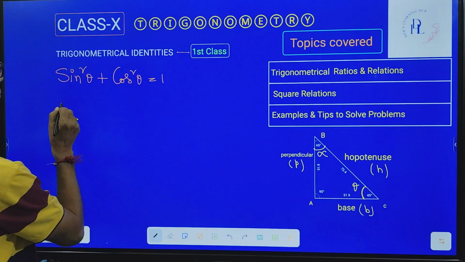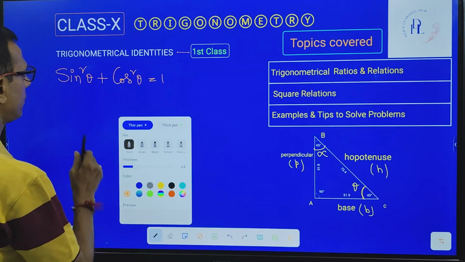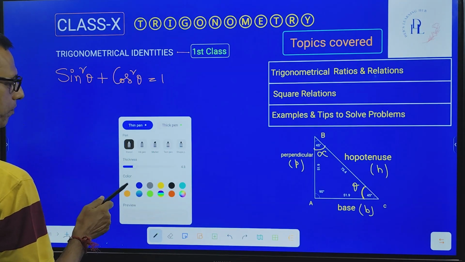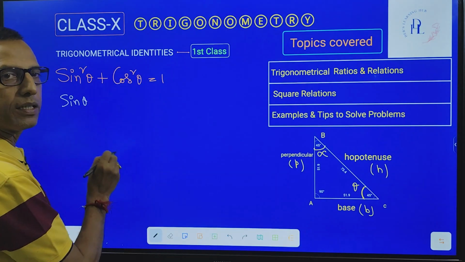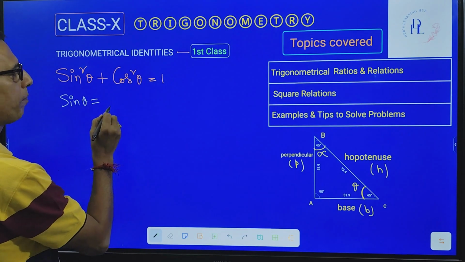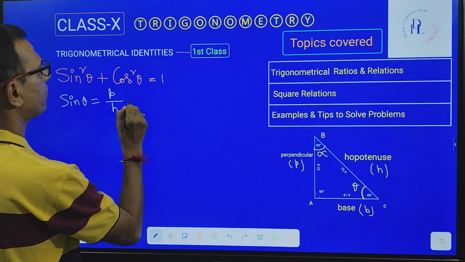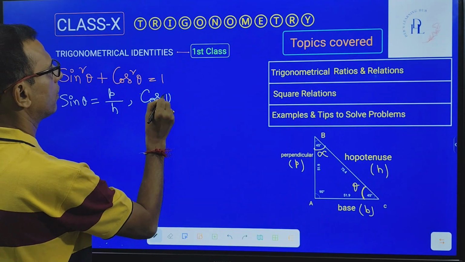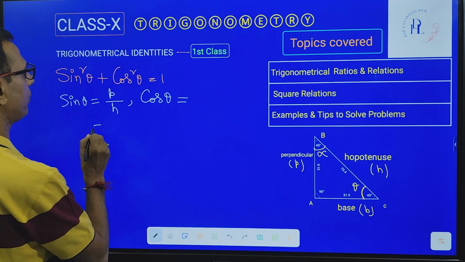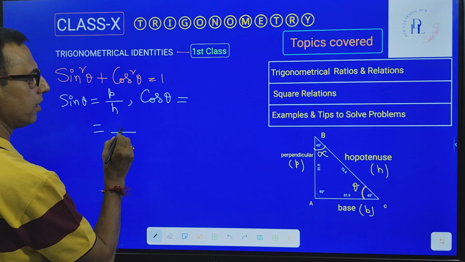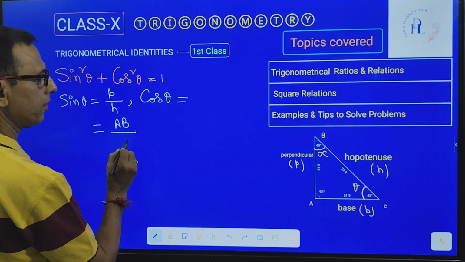So what is the value of sin theta? The value of sin theta is perpendicular by hypotenuse, that means it is AB by BC.